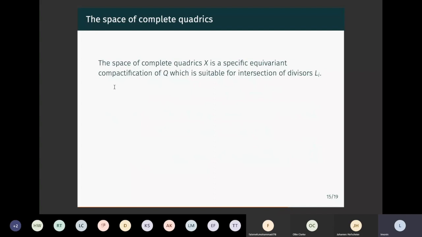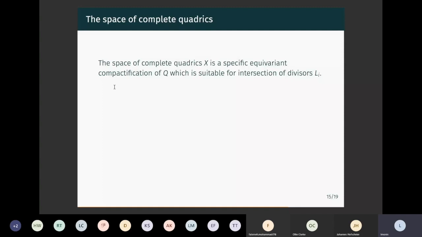Okay, so now what is the space of complete quadrics? Before, we just talked about a homogeneous space, which was not compact, but the space of complete quadrics X is a specific equivariant compactification, and what is good about it is that it's suitable for intersection of the divisors Li.